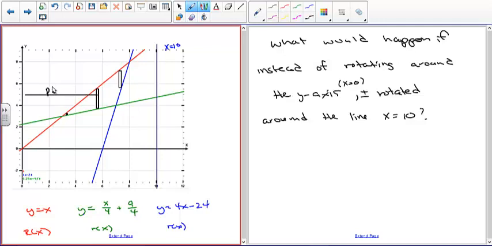So what we did here is we said p of x equals x. So that's the distance from the x-axis. So what we're doing when we rotate around the vertical line x equals 10 is, p of x now becomes this distance.